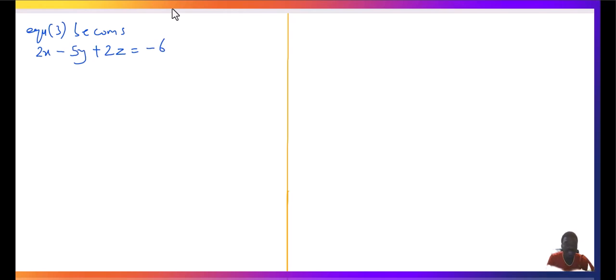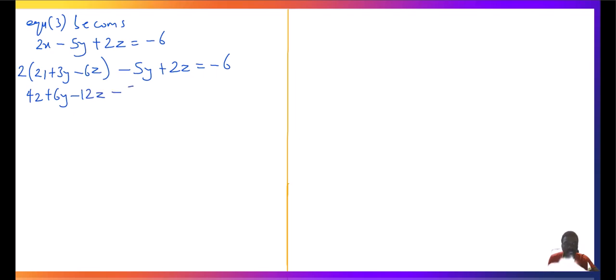So we're going to replace our x with what we had before, which gives me 2, open bracket, 21 plus 3y minus 6z, close bracket, minus 5y plus 2z equals negative 6. So let's open up our bracket. We have 42 plus 6y minus 12z minus 5y plus 2z equals negative 6.